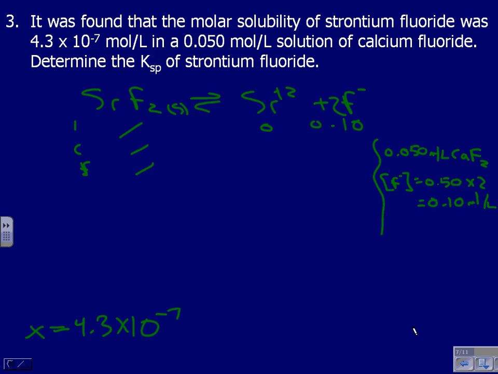Now I'm going to just proceed. I'm hoping that when we get our initial, we can proceed from there. x, 2x, x, 0.10 plus 2x. KSP equals x times 0.10 plus 2x, squared.